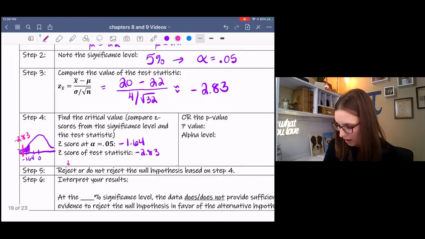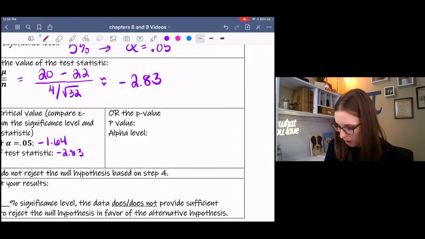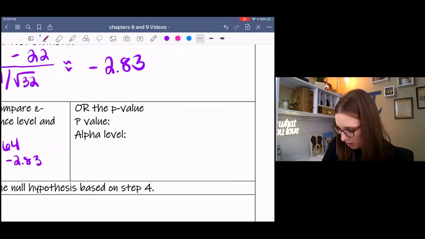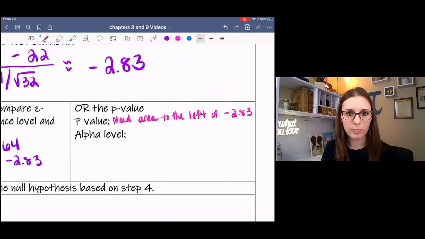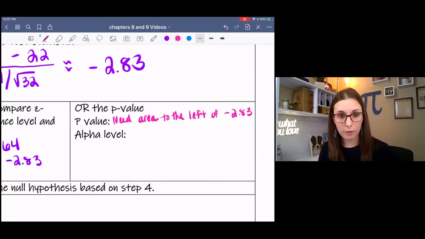For the p-value, we are looking for the area to the left of our test statistic. So you can use your z-tables to find that area associated with that z-score, or you can use your calculator and do normal CDF.